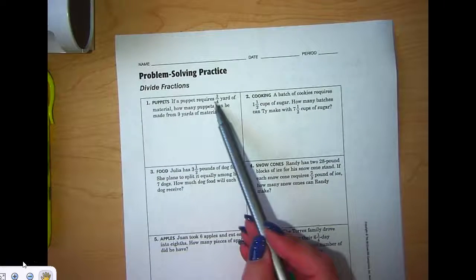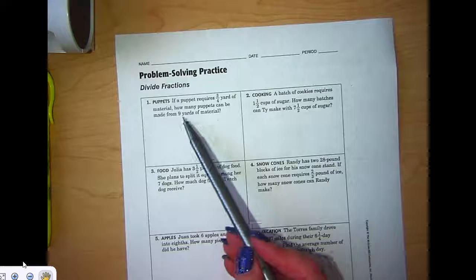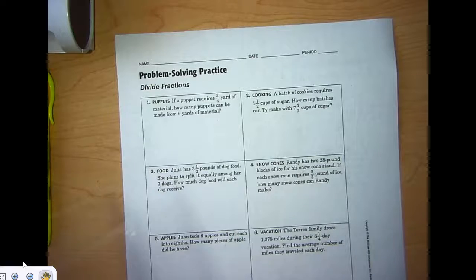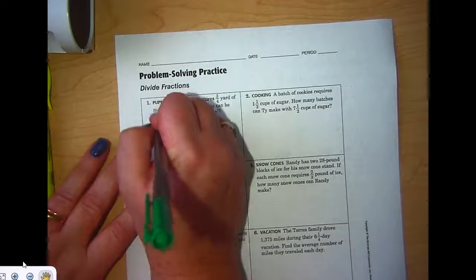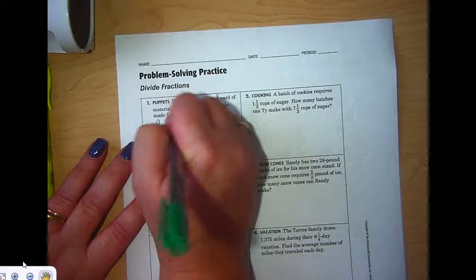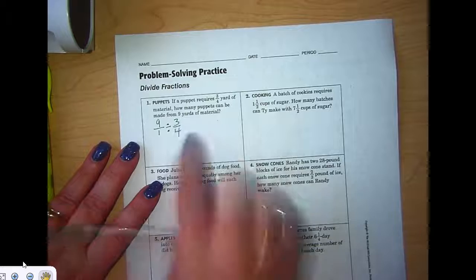So here, is it the 3/4 yard that's going to be split, or is it the 9 yards? Because whichever one is going to be split has to go first.